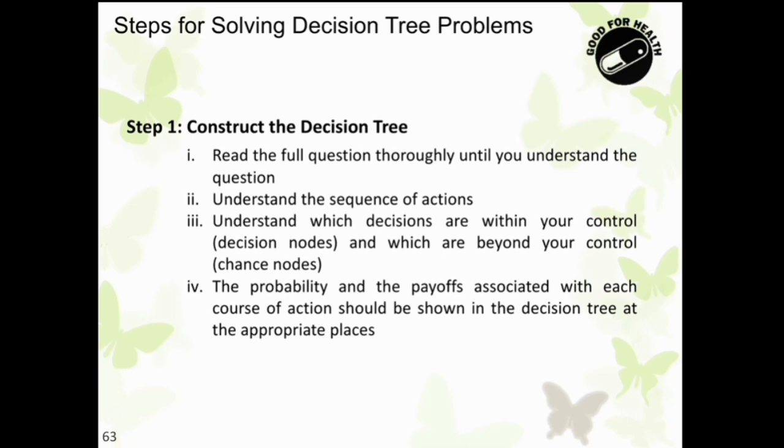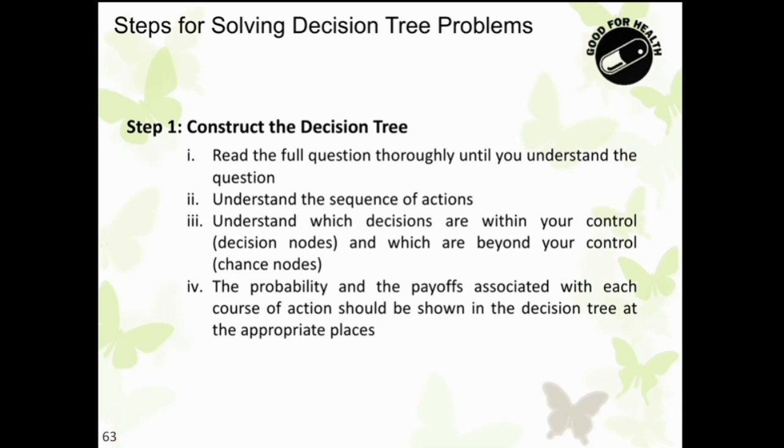And most importantly, understand the sequence of action. That is, which one is the first course of action and what are the actions that come after the initial action. So understanding the sequence of actions is also very important. The third point is understanding which decisions are within your control and which are not.